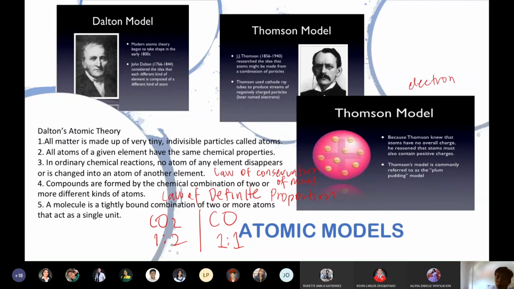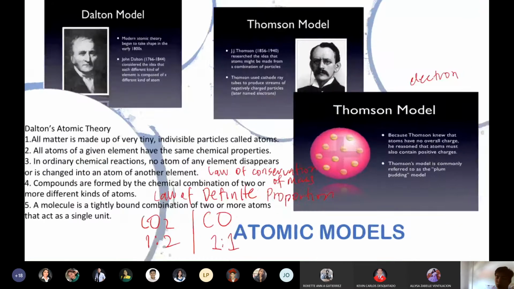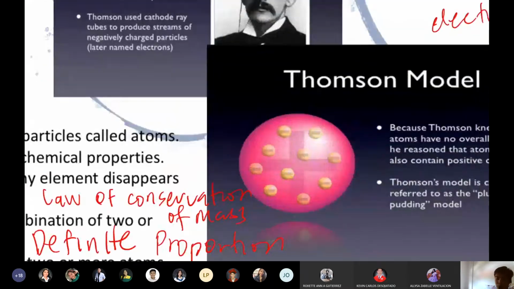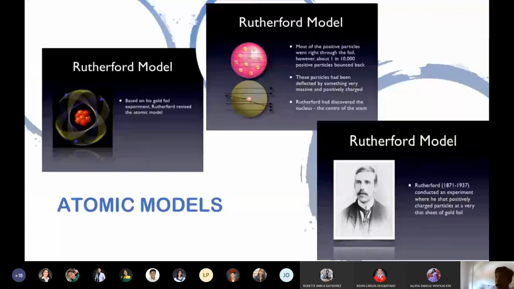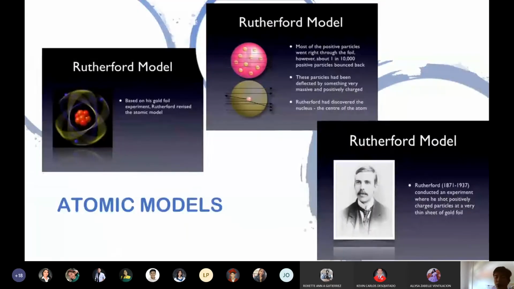So we went from the plum pudding model and ended up with the nuclear model by Rutherford. So that's the idea. This nucleus in the middle is positive, and the area around it is where the electrons are.